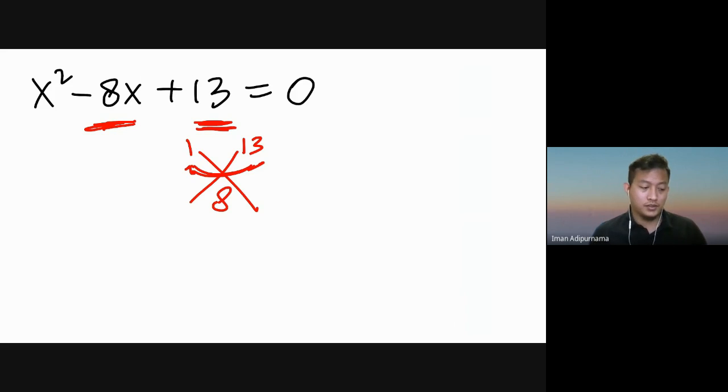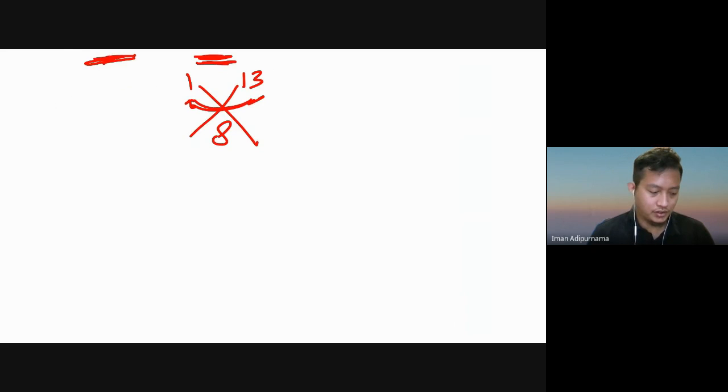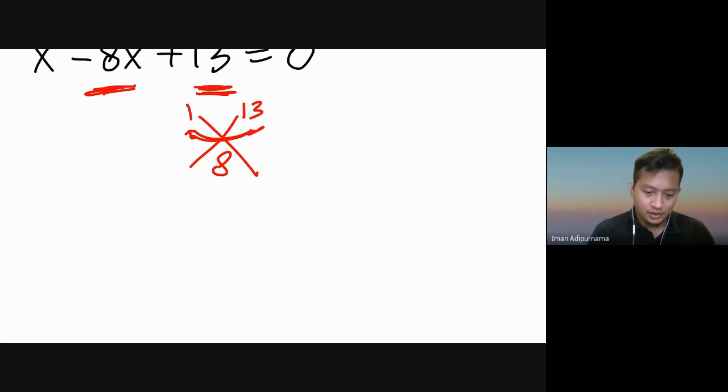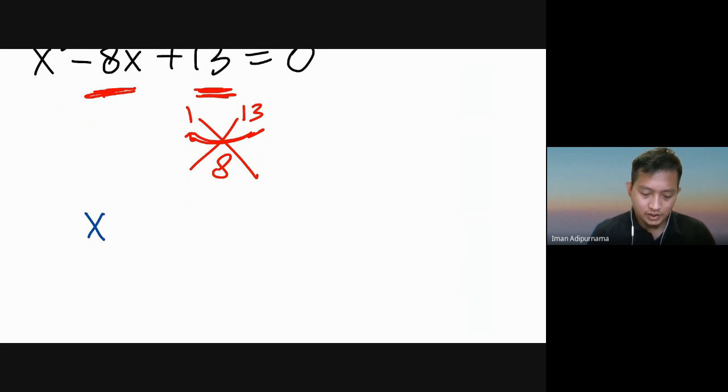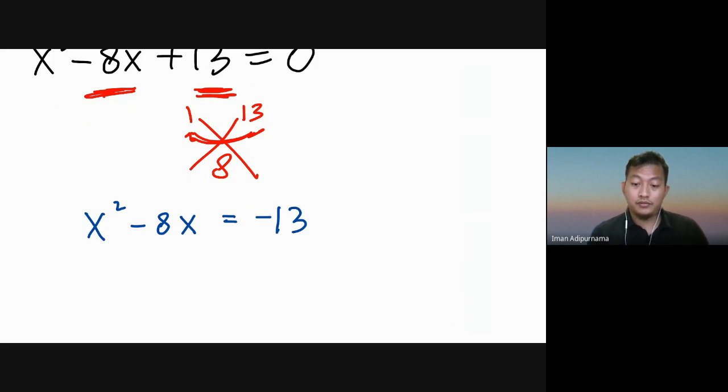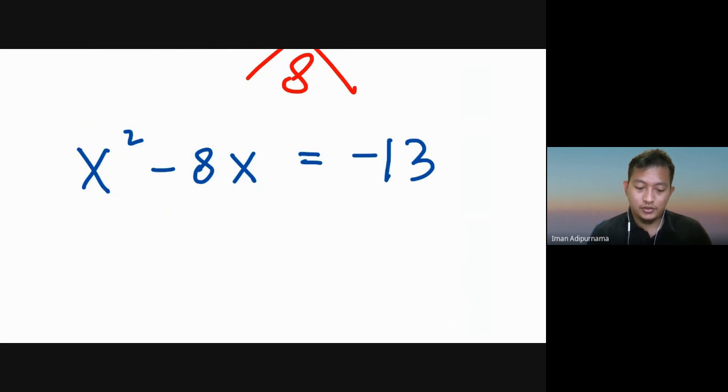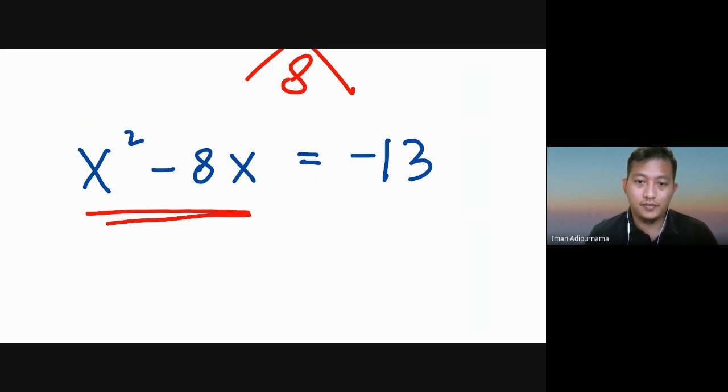So what we can do is, let me write here. First, write the x squared minus 8x, and write the -13 here. Now, if you look here, you get x squared minus 8x, right? So imagine this is a full quadratic function.